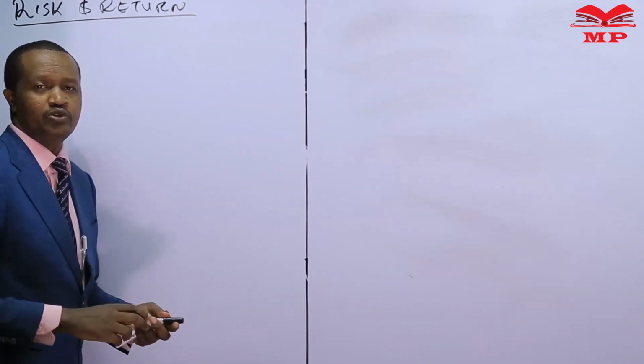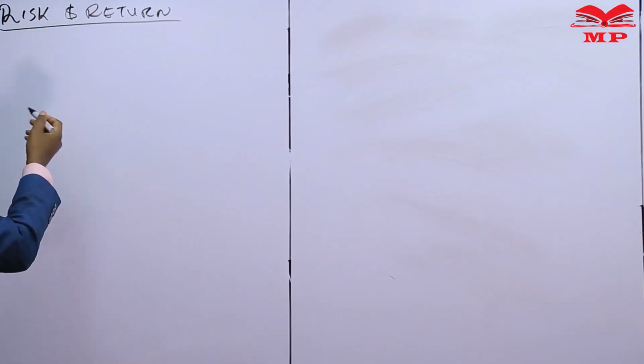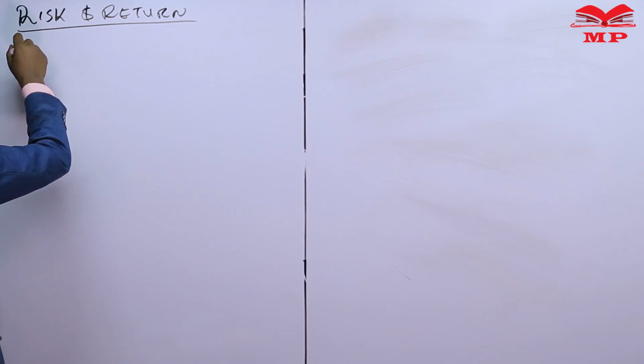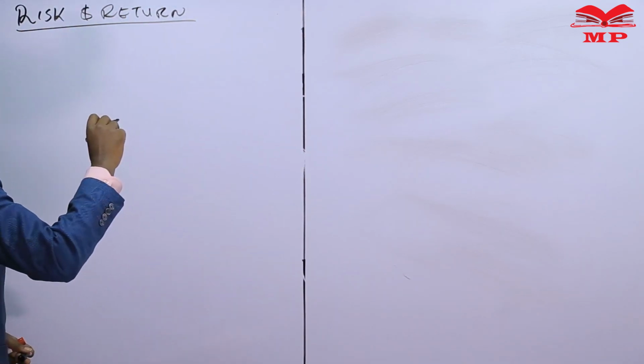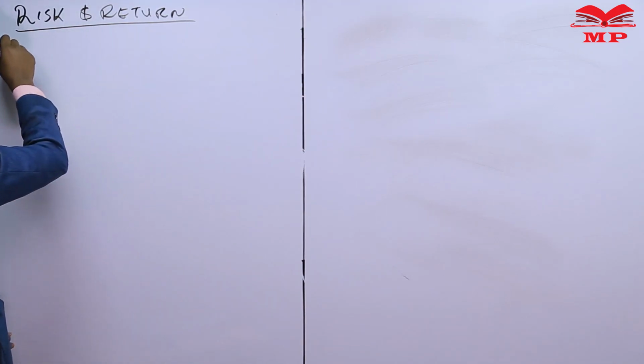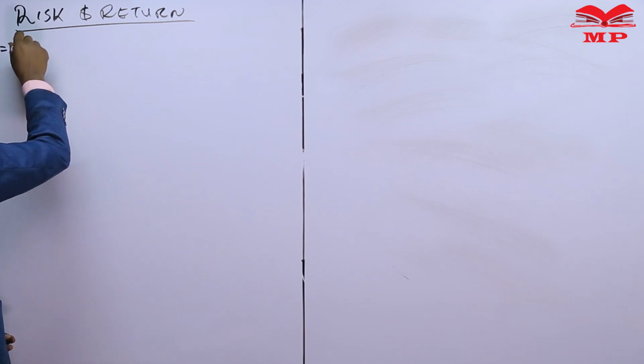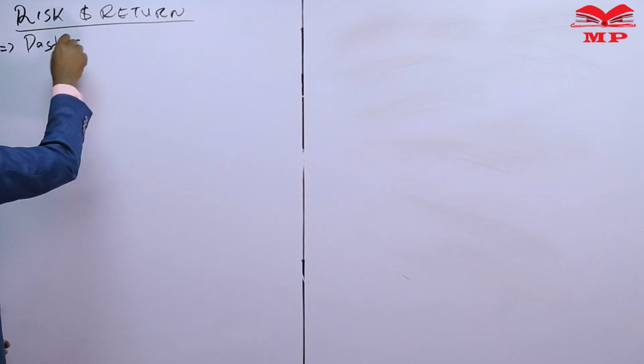So we continue by looking at more illustrations. Today we want to consider an illustration on how to calculate risk. And first of all, we are going to use past data.